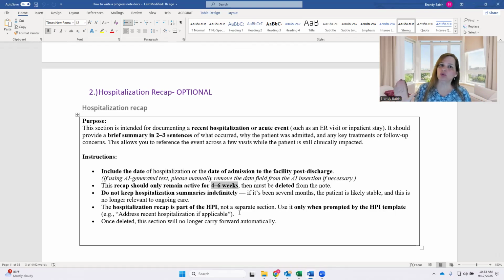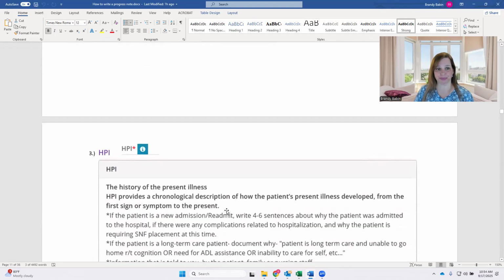So until you delete it out, it will continue to follow note to note to note. And that's not what we want. We don't want hospitalization notes from a long time ago. So, and I think anything past 4 weeks is a lot. 6 weeks if you're really going to stretch it, but delete this out. And once you delete it out, it won't carry forward.